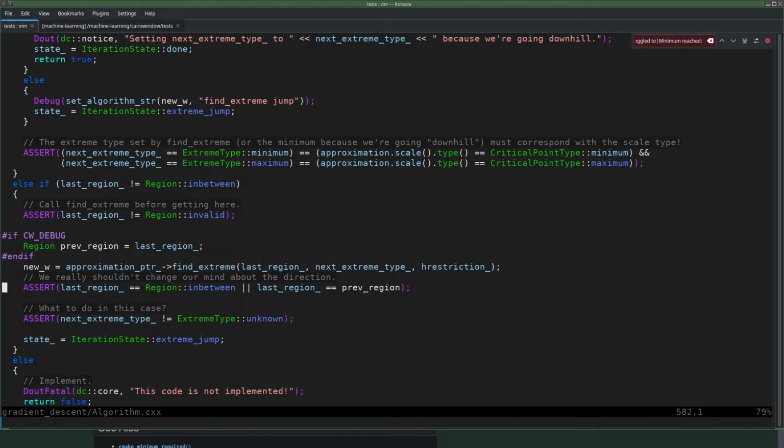Oh, or, sorry. But still. Testing last region again here. That might be set. That is set. Last region must be in between, or it must equal to the previous region. That's not true. If I invalidated that region, which I did, here it is invalid, right?